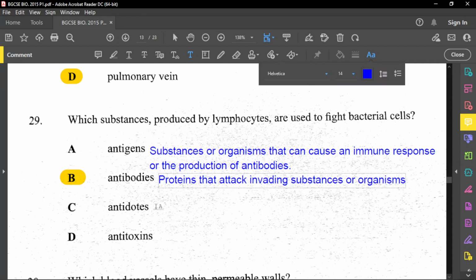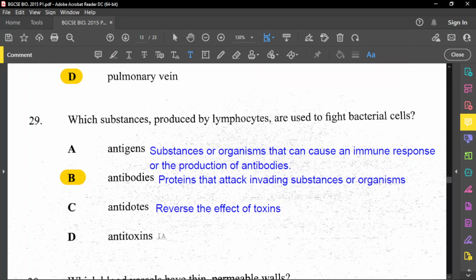Now, antidotes are substances that are used to reverse the effect of toxins or poisons. Toxins are poisons.